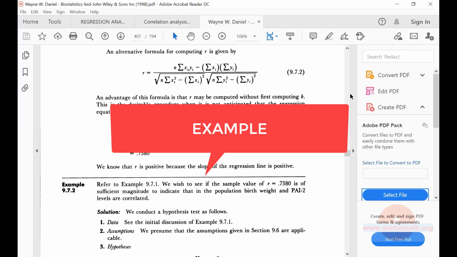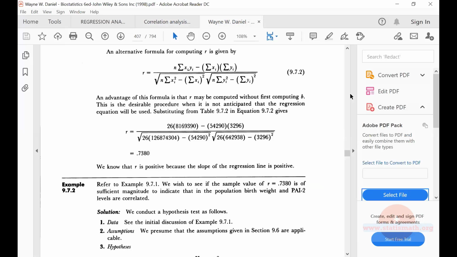Small r is known as the sample correlation coefficient, and this is the formula you use to compute it. It is also known as the Pearson correlation coefficient, because Pearson is the person who invented this measure. Some textbooks use Pearson's correlation coefficient.